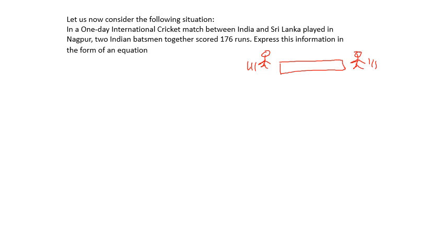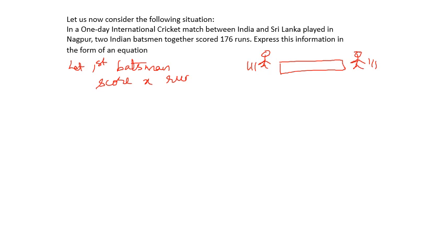Now think. These two batsmen, we don't know the names of the batsmen, nothing is given. These two batsmen together scored 176 runs. Express this information in the form of an equation. So let the first batsman score X runs.